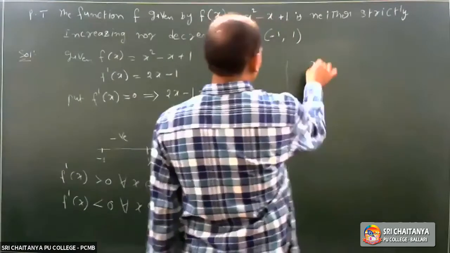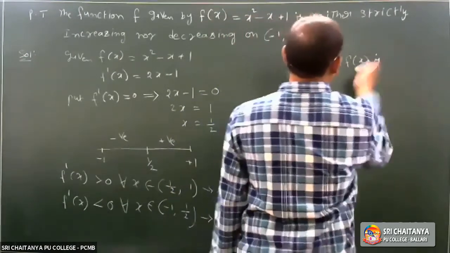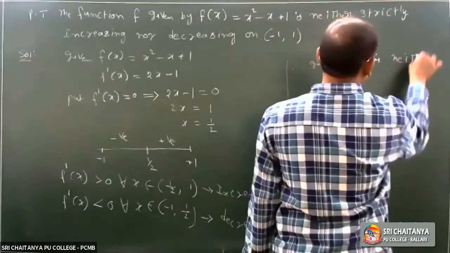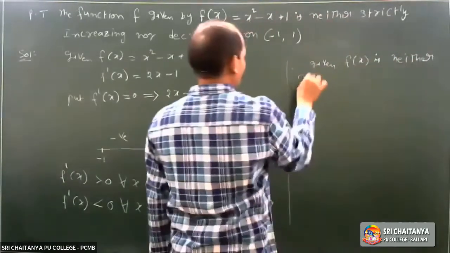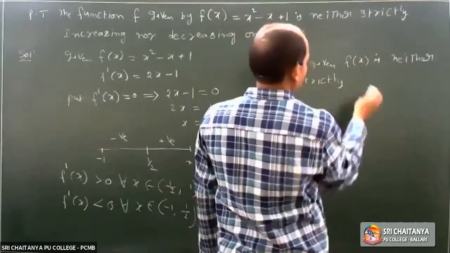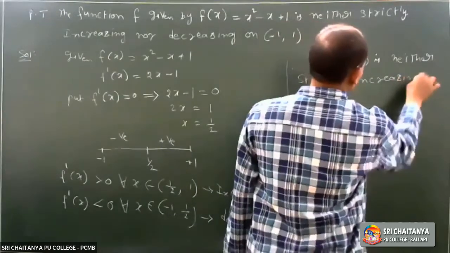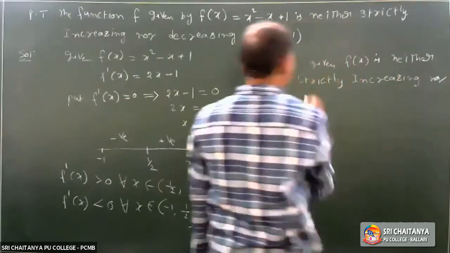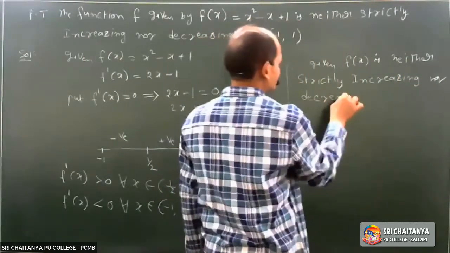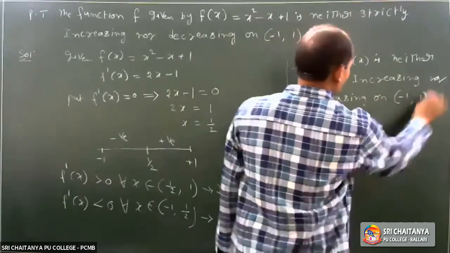Therefore, the given function f of x is neither strictly increasing nor decreasing on minus 1 comma 1.